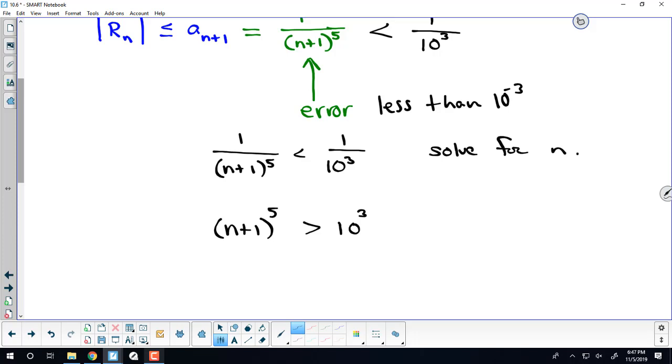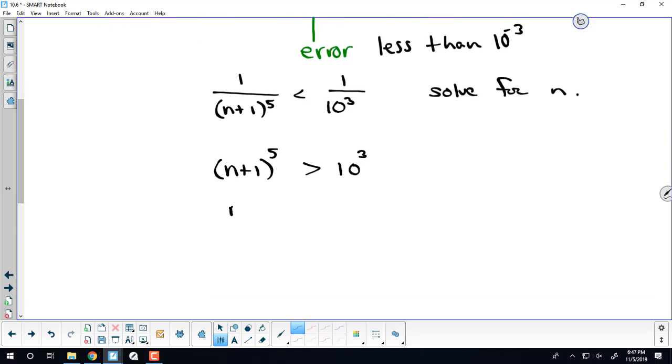Which means that n plus 1 has to be greater than the fifth root of 10 cubed, or n has to be greater than the fifth root of 10 cubed minus 1.